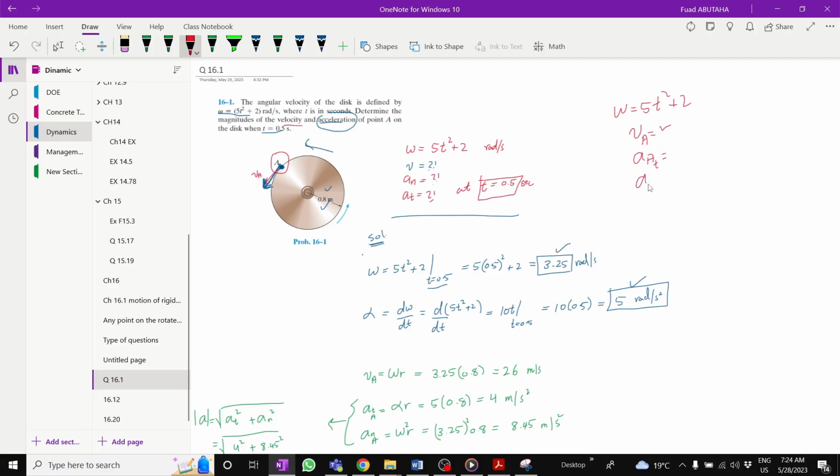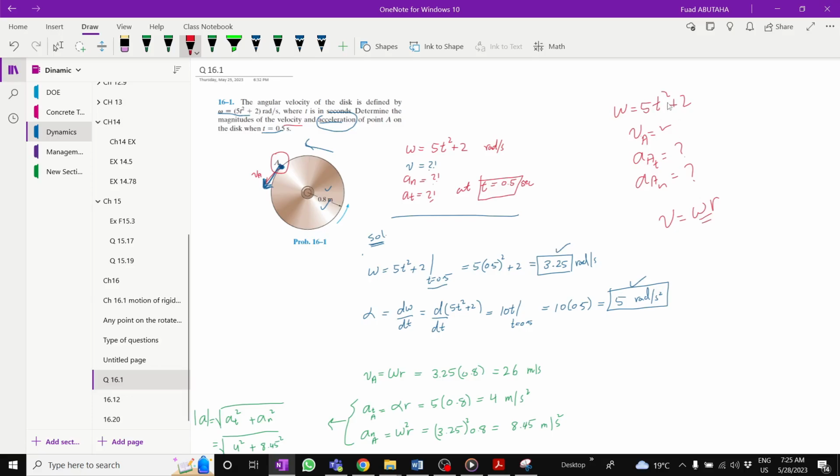We actually have two types of acceleration, the normal and the tangent. If you want to get the velocity of any point located on this one, it will be omega times the radius, right?